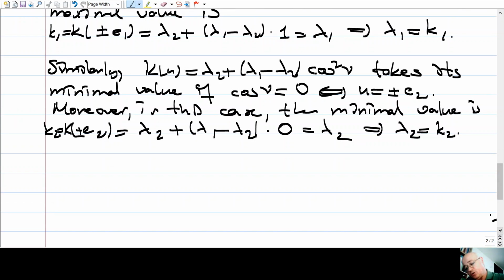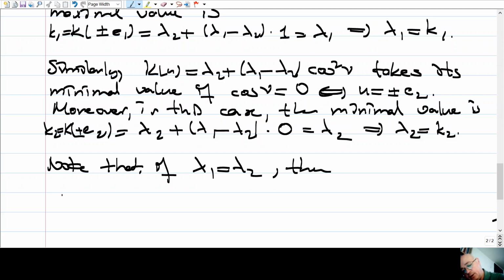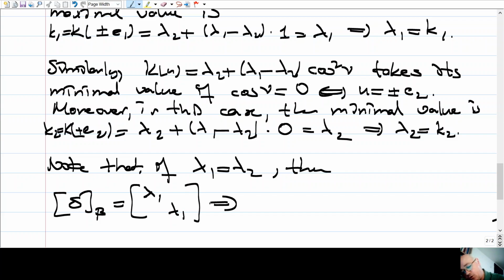Well, this actually covers also the case where lambda 1 equals lambda 2. Note that if lambda 1 is equal to lambda 2, then the shape operator in the basis is just this matrix lambda 1, lambda 2. They are the same. Therefore, the shape operator is nothing but lambda times the identity.